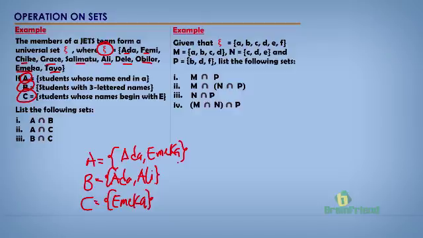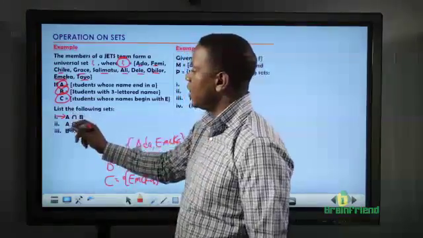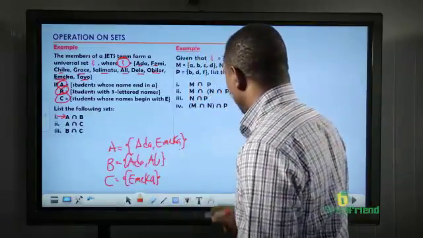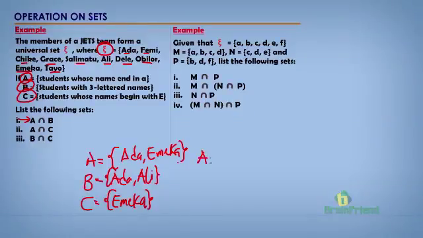Now we've been asked to list the sets of A intersection B. A intersection B is therefore the set that contains all elements that are commonly found in A and B. If we took a quick look at our sets A and B, we'll find that Ada is the element common in both sets.